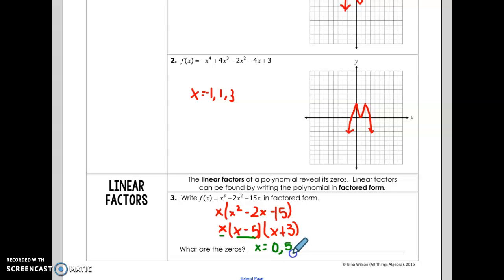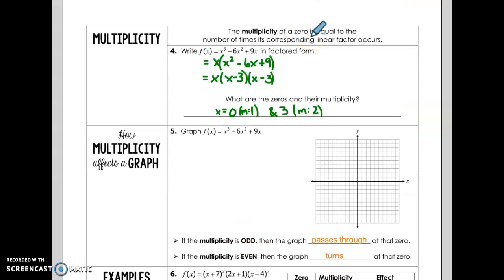Okay, and then the next part I'm going to set equal to 0 is x plus 3. If I set that equal to 0 and I solve for x, I should get x equals negative 3. Okay, so the zeros of this function would be at 0, 5, and negative 3. So if you put that together with what you did last week, all those factored forms, you're actually finding your x-intercepts, which is pretty darn cool.